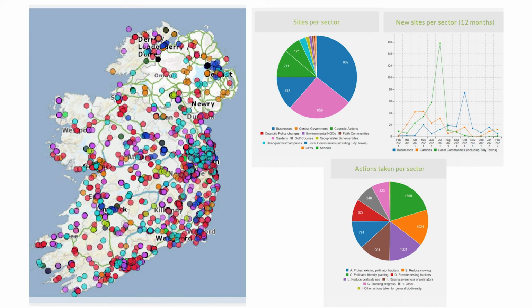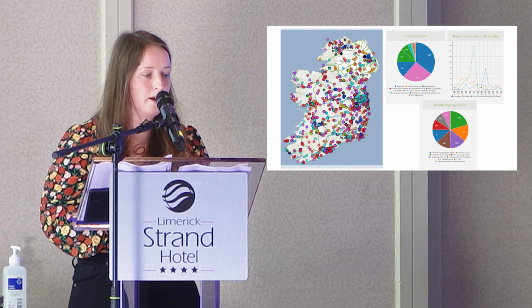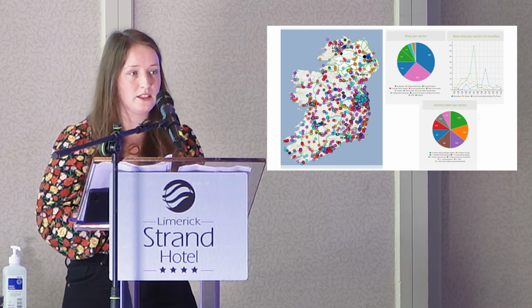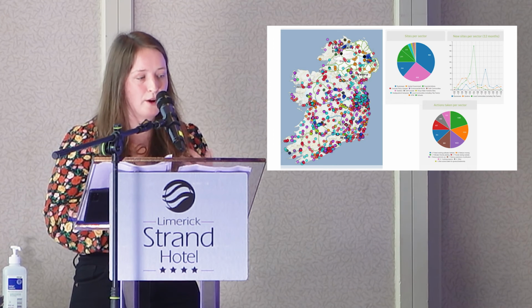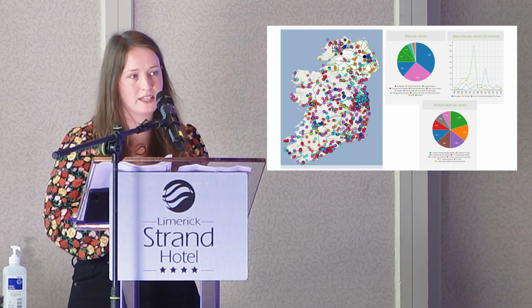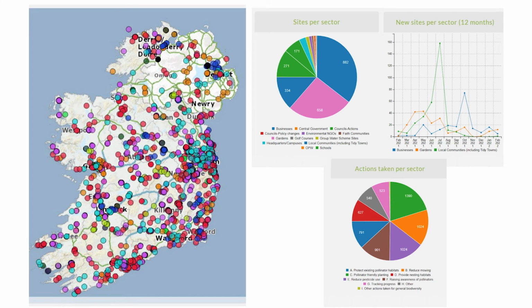So you can also filter by the action type, and you can also filter by the species type. So I think this is a really powerful part of the system, is that if you're working on Himalayan balsam downstream, you can link in with a county council that might be working on it upstream. So I think that's a key function.